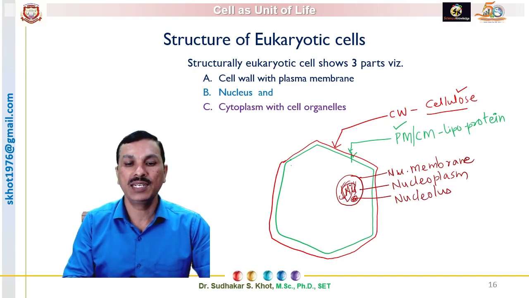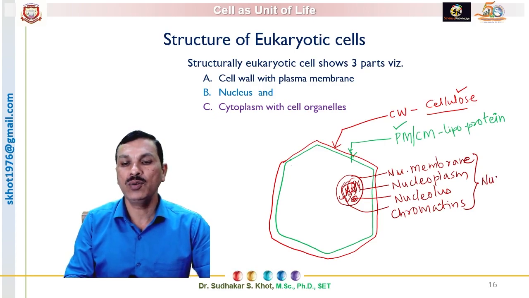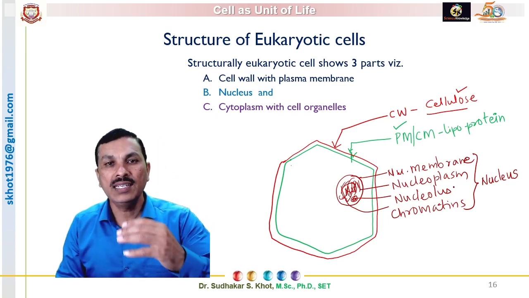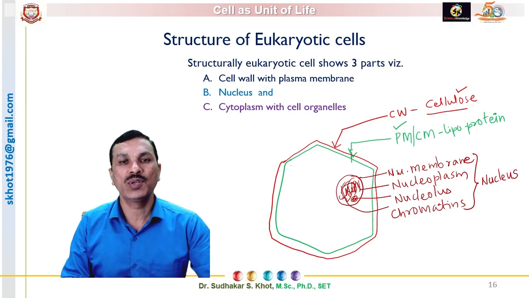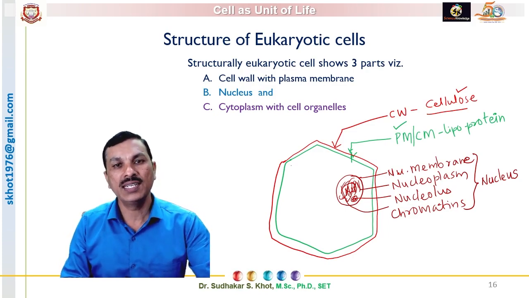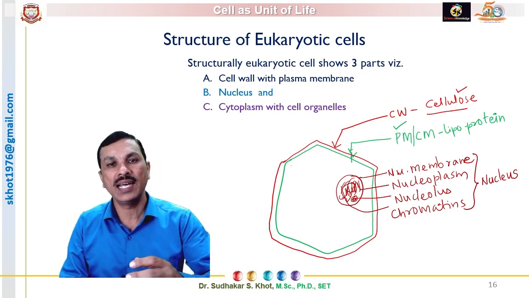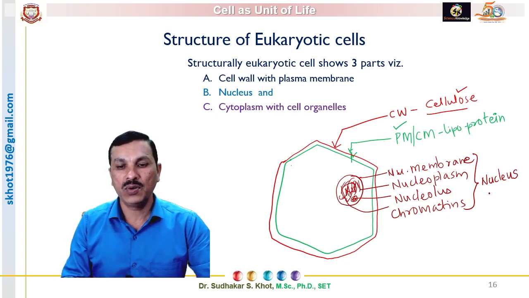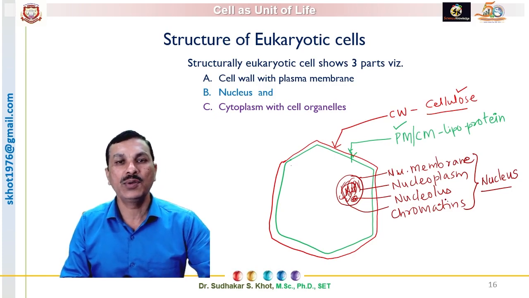Here the genetic material, the DNA, is present in the chromatin. Together, the nuclear membrane, nucleoplasm, nucleolus, and chromatin material form the nucleus. The nucleus is the largest cell organelle in the eukaryotic cell. It is well organized, and we can compare the nucleus with the brain of animals because the nucleus encodes all the codes for the activity of the cell.